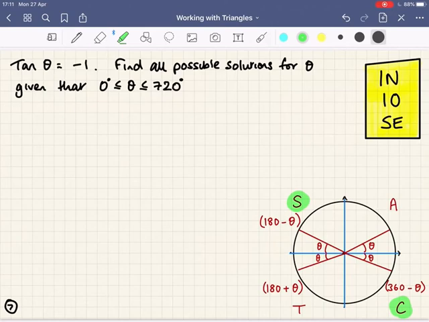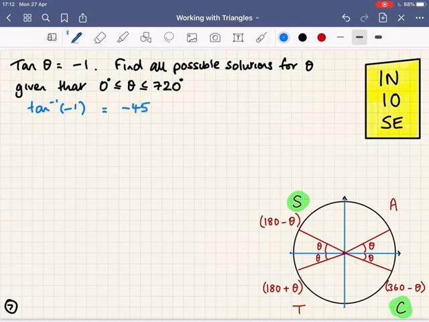And for negative values, it won't give me angles between 90 and 180 degrees. It'll give me negative angles, between 0 and minus 90. That's how the calculator behaves. So in this case, inverse tan of minus 1 shows me an angle of minus 45.